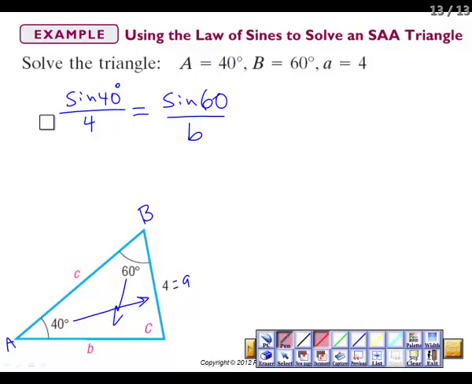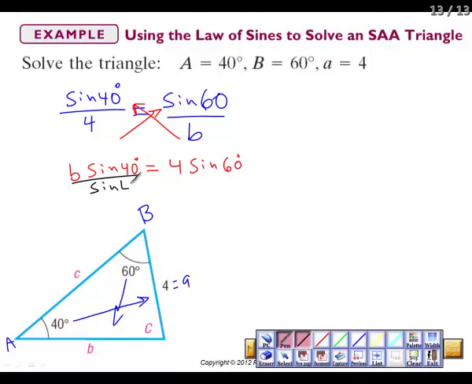What we're really doing is just cross multiplying. So we get B sine 40 degrees equals 4 sine 60 degrees. Then, still trying to isolate B, we divide by sine 40 degrees.